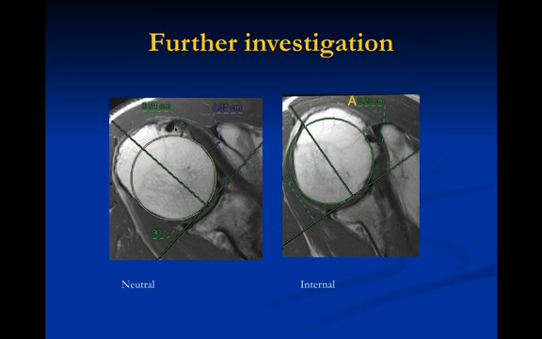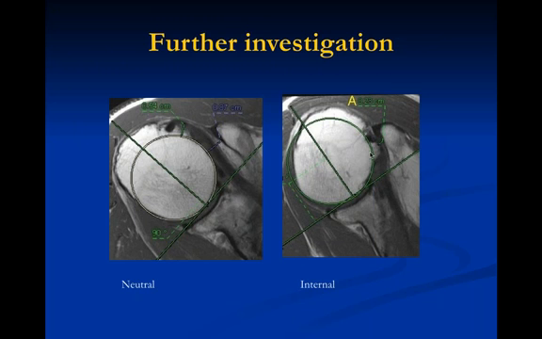And what you can see here is that there's a normal prominence of the humeral head adjacent to the biceps tendon where it normally projects out. And in internal rotation, you can get significant narrowing of the space between the coracoid process and the humeral head. So it's important to position the patient.